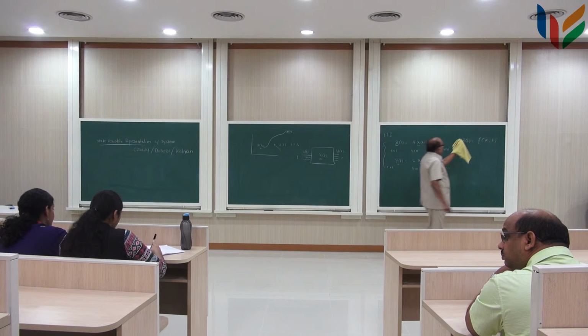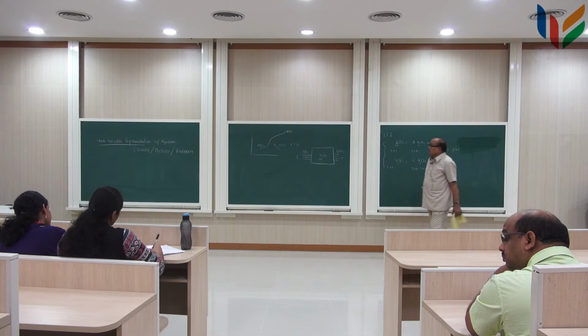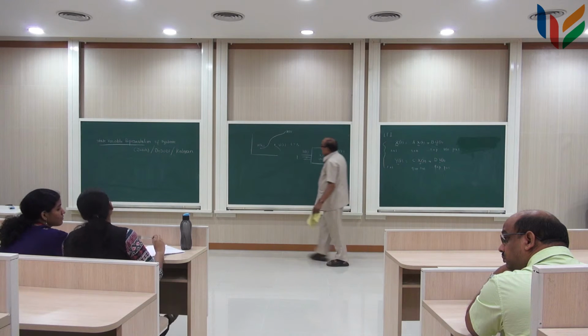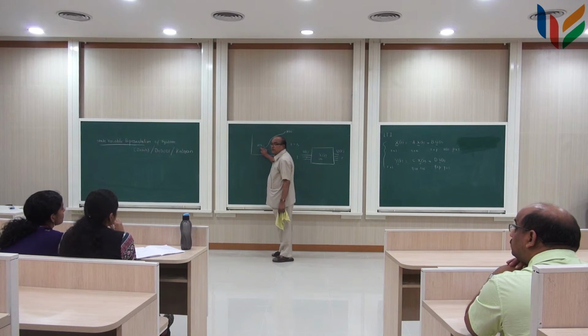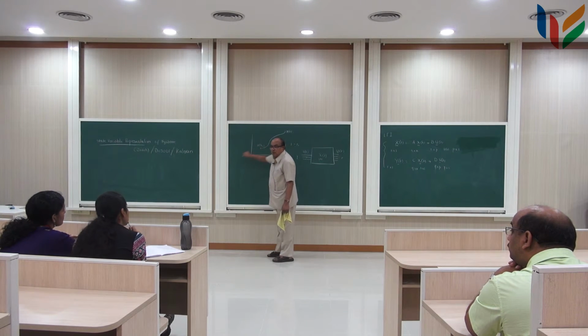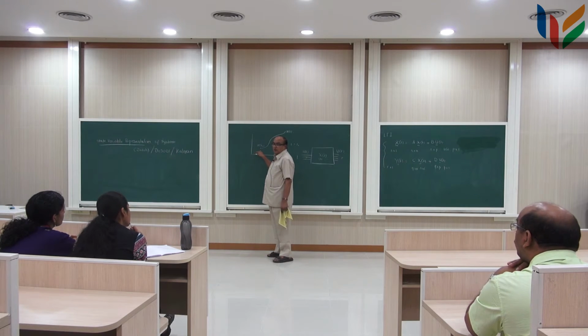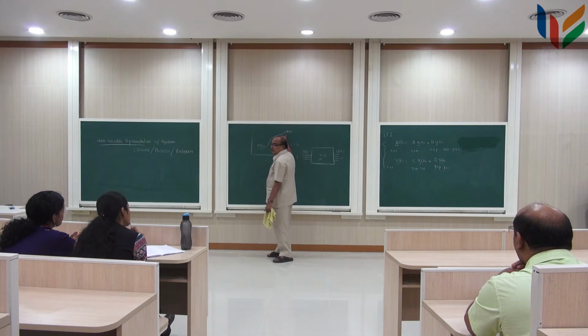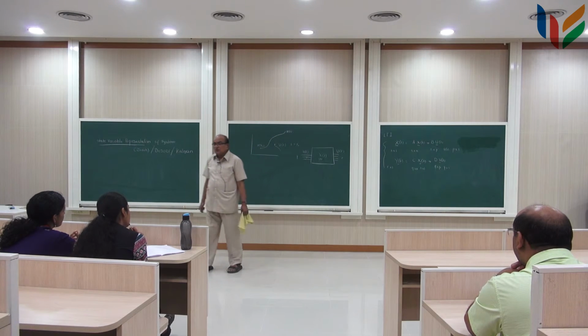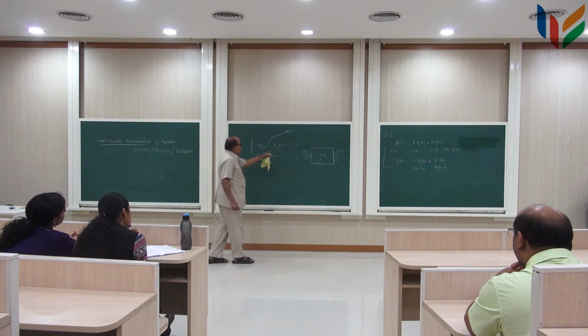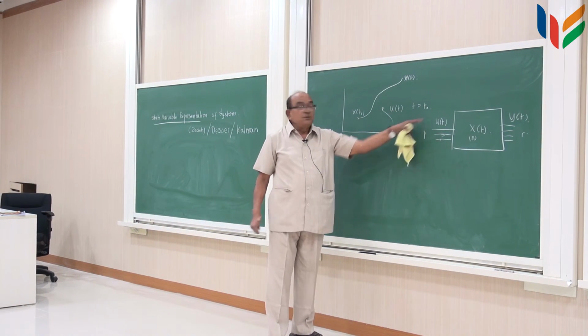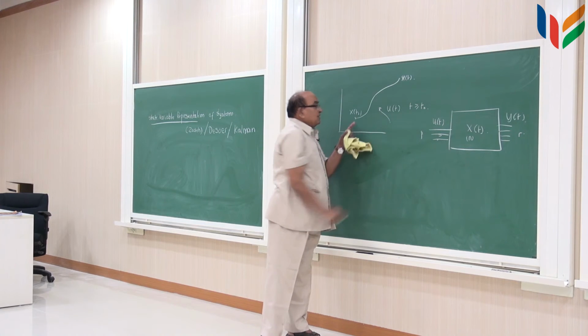The important thing that you need to know is that I do not care how this fellow has reached this point, from what past. Given this x(t0) and the inputs, I am able to find out the new state at any time t greater than t0, as long as I know the inputs for t greater than t0 and the initial state.